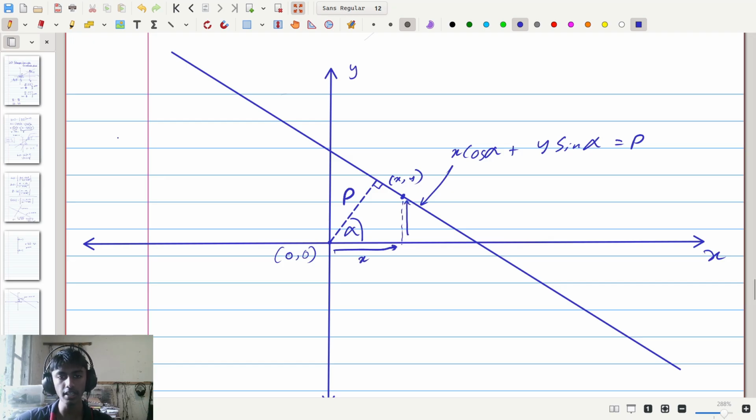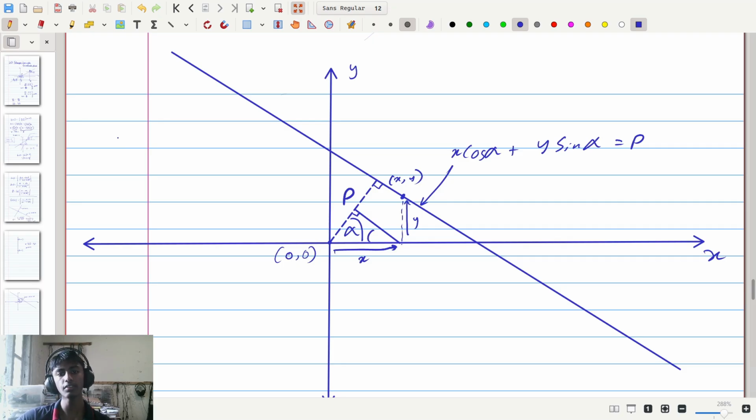Now let's drop this perpendicular from this point down to the line, of length p. Here we can see that this angle inside is alpha, and x times the cosine of alpha is this partial length here.